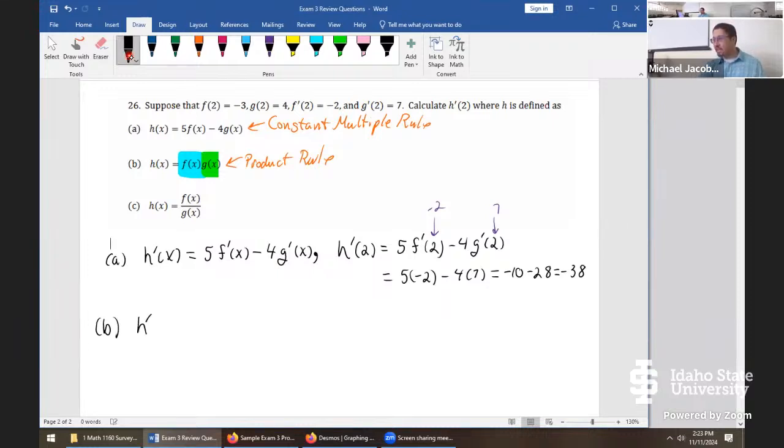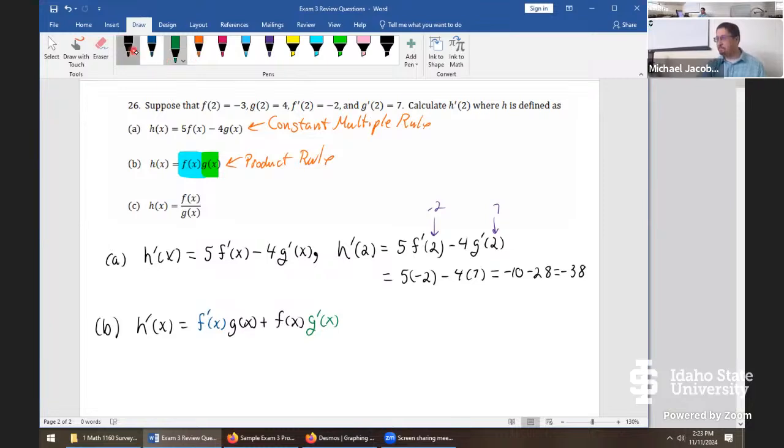we'll begin by just calculating h prime of x like before. So the way we start is just use the formula for the product rule, which says differentiate f, copy g of x, go plus, and now copy f of x again, but multiply by the derivative g prime at x.